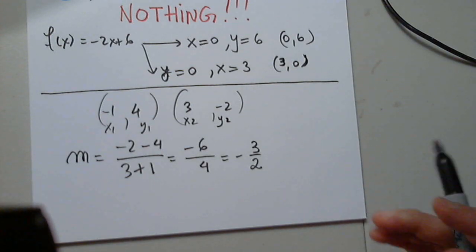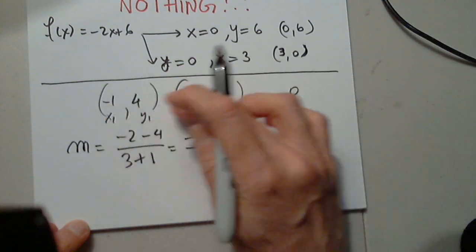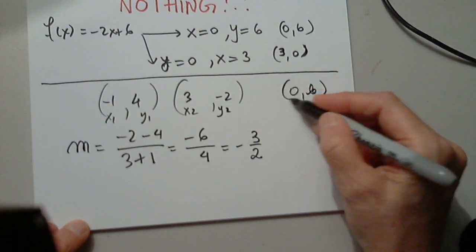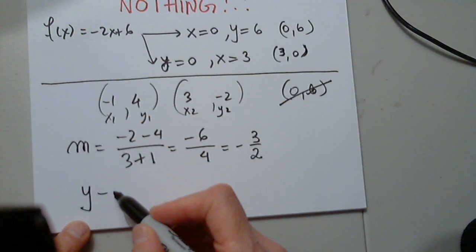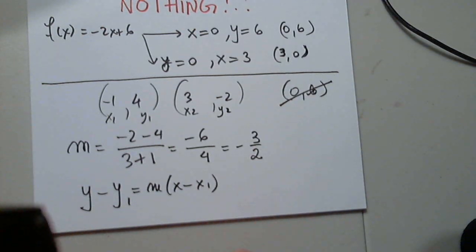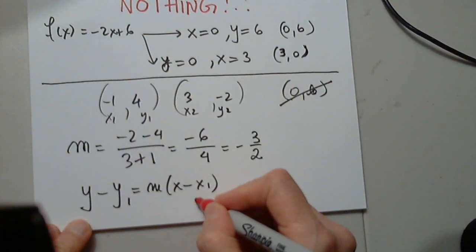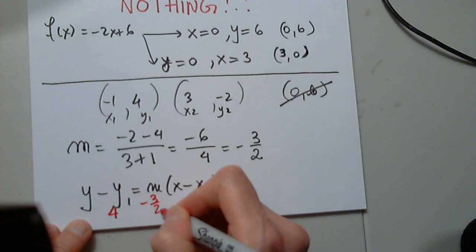Yeah. Perfect. Now, because none of these two is 0 comma b, I will use y minus y1 equals the slope times x minus x1. You don't have to use this method, but I prefer writing underneath -1 and 4 and -3/2.